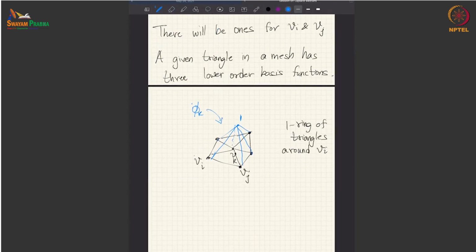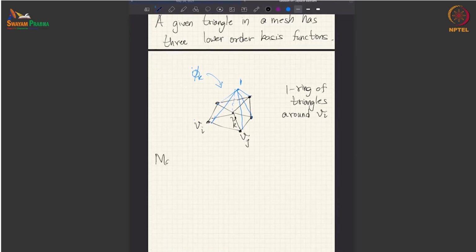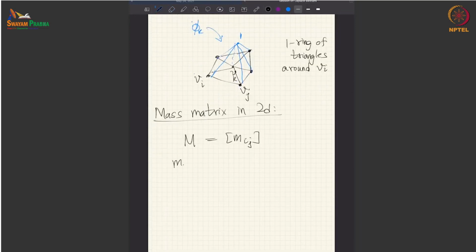Now, what is the mass matrix? The mass matrix is essentially the same mass matrix in 2D. It's the same in any dimension, to be honest, as an expression. The mass matrix entries are going to be things of this form, Mij, where Mij is the integral. Now I have to integrate on the two-dimensional region, which is essentially the triangle mesh.